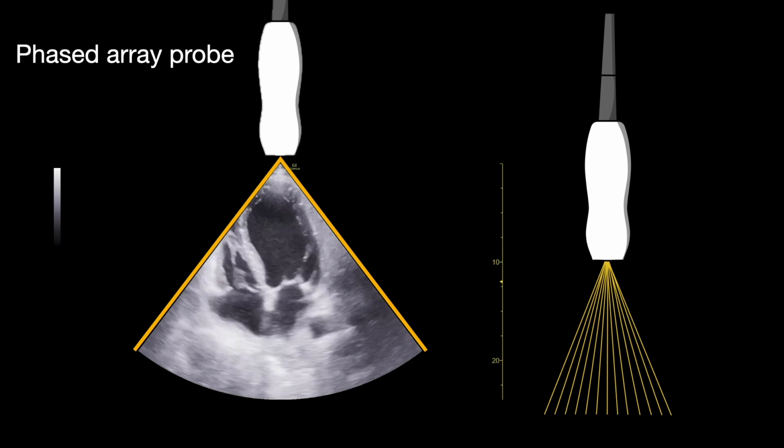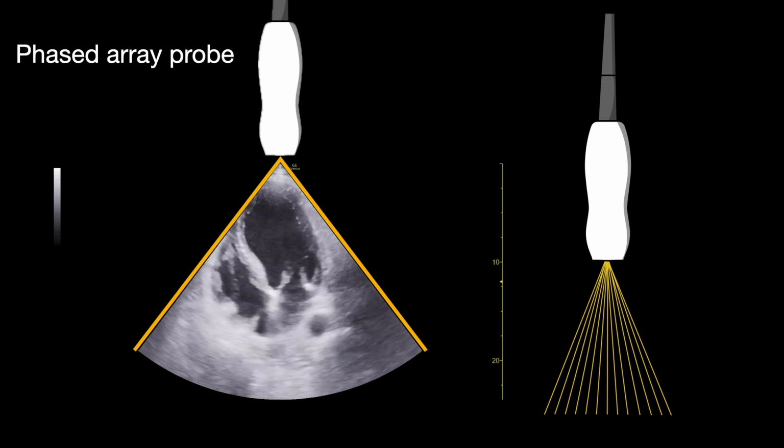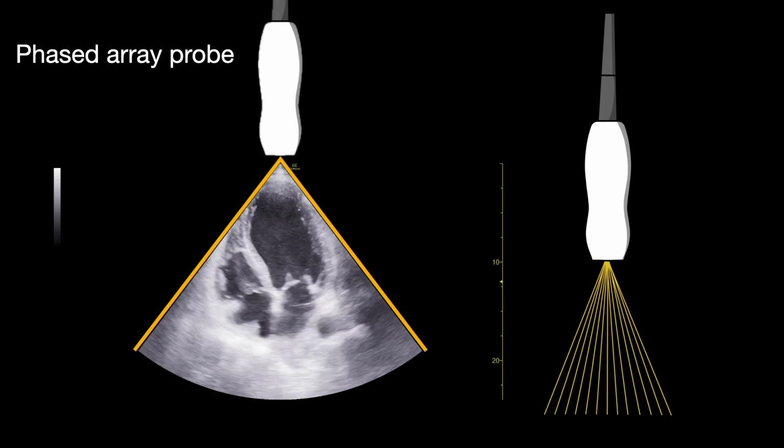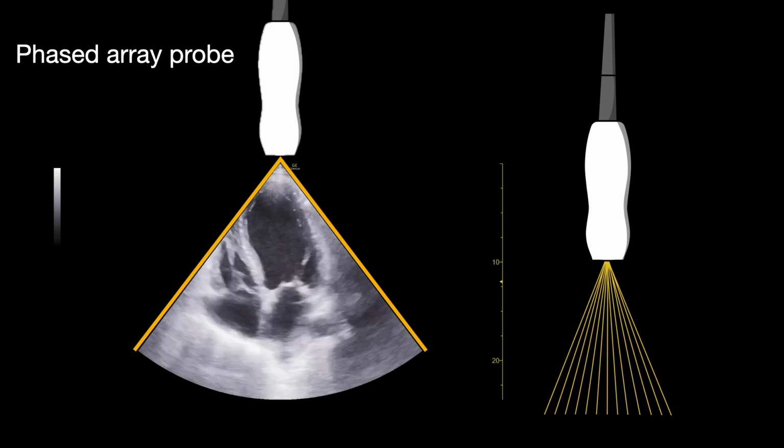Phased array probes also may have different settings and different sensitivities to see moving organs, which is important.